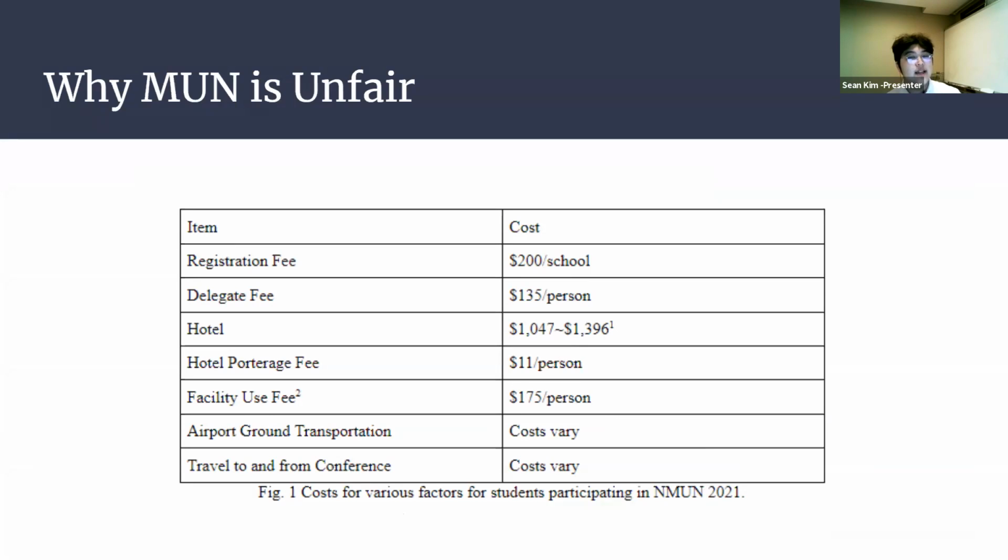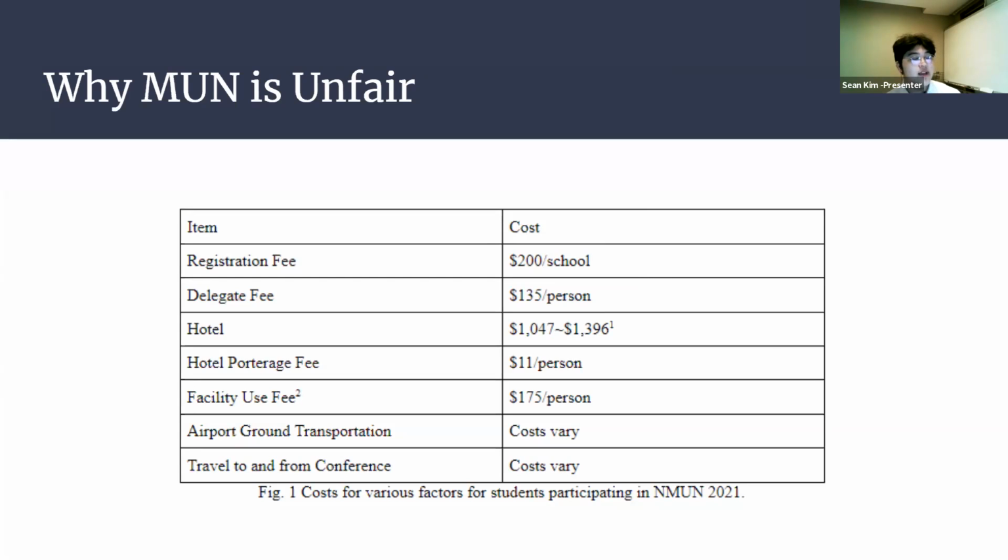So as you can see in this chart that I organized, this is the listing of the various costs that one will need in order to travel to National MUN or NMUN 2021. And we can see that the registration fee is very high at $200 per school, which is oftentimes split up between the students.